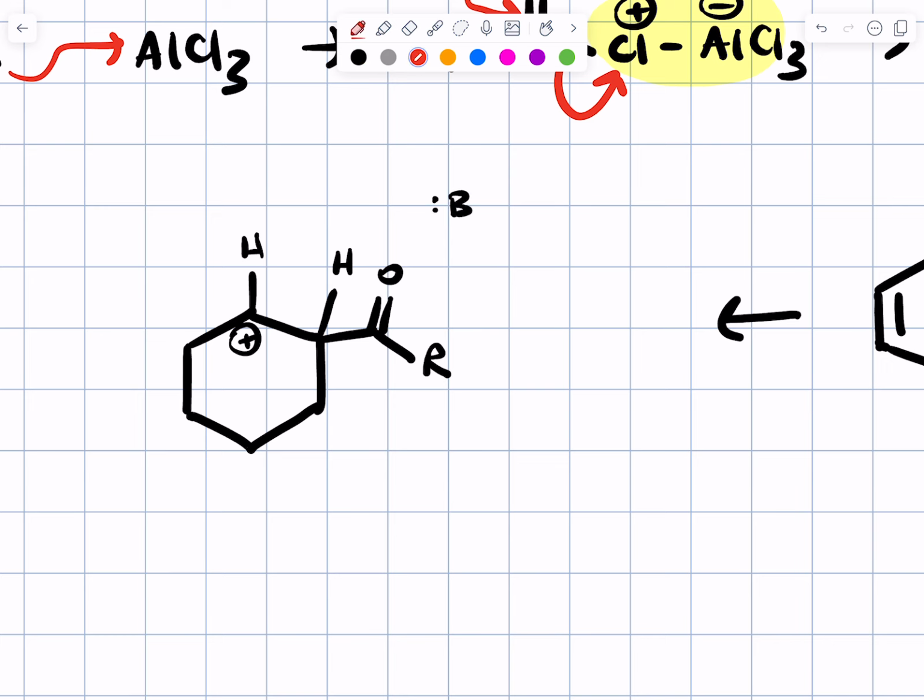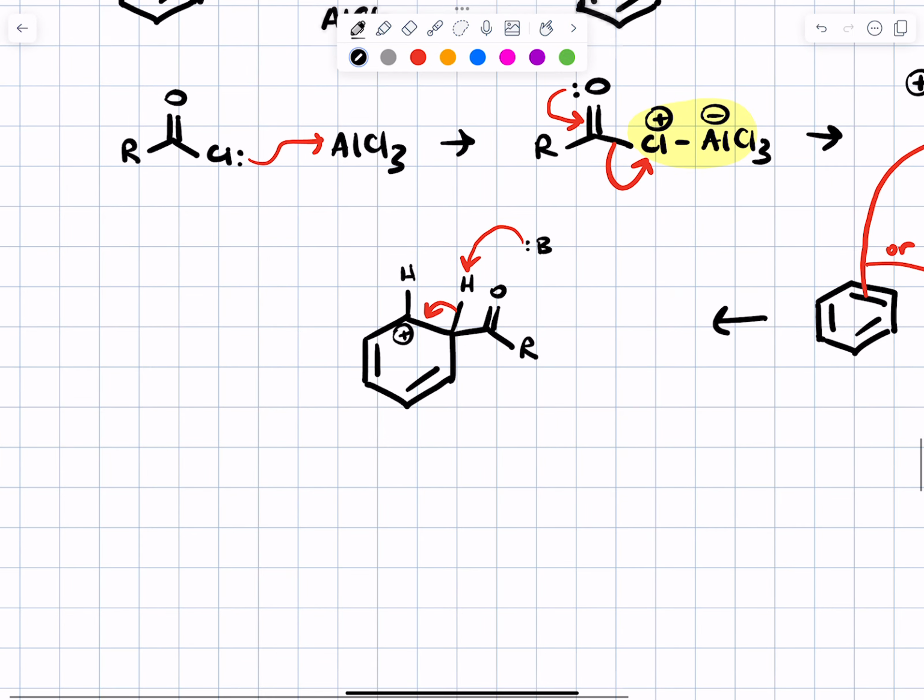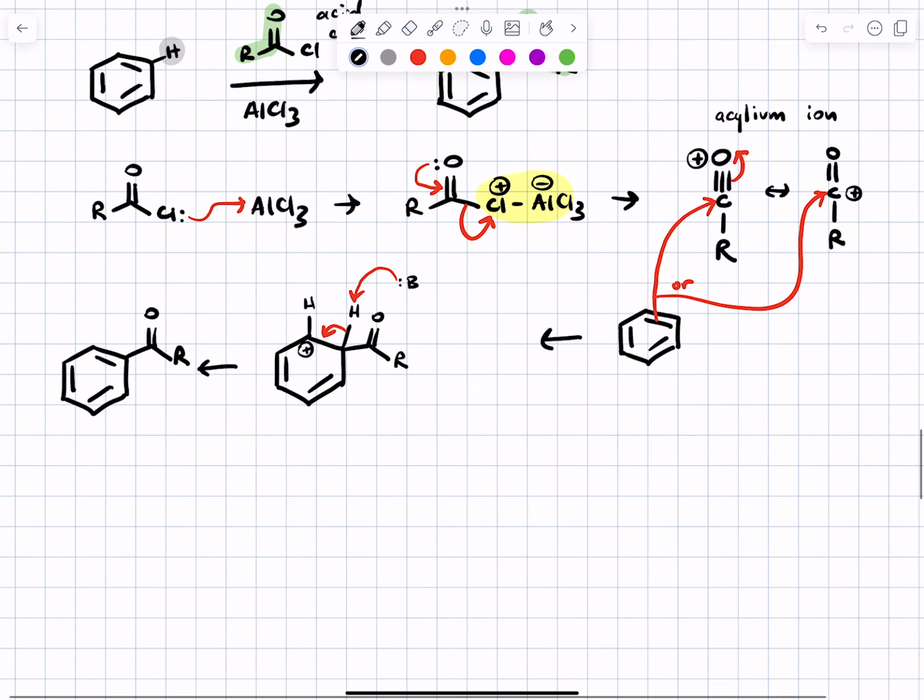Then a base, we don't care what it is, possibly Cl minus, removes the proton, electrons kick down, and we restore aromaticity. And this is the group that just got installed. Generally, the R group here is something that is alkyl or aryl, that is, it's carbon-based.